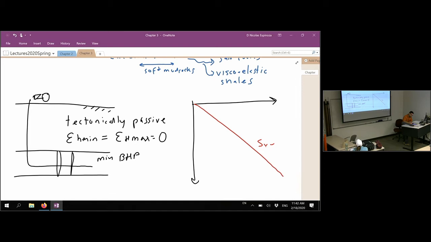And let's say that here the gradient of vertical stress is 1 psi per foot, and the gradient of pore pressure is 0.44 psi per foot. All right. We already know this, okay? Remember, our question is, what is the minimum?